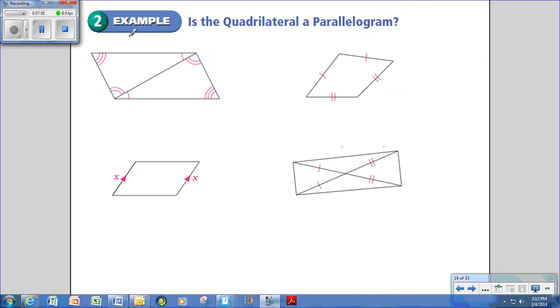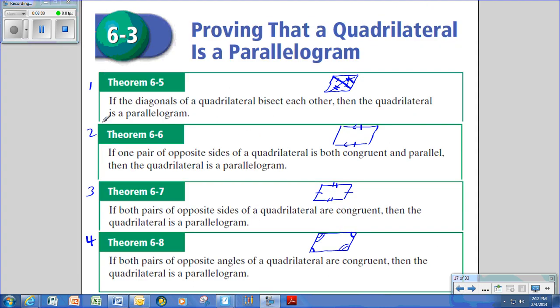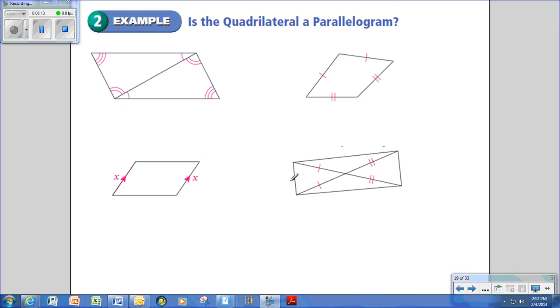Example 2. We're going to use our properties to see if the quadrilateral is a parallelogram. So we're going to flash back to that first slide. We're going to try to see if one of these four are present. All right, so right here we have one pair of opposite angles congruent.